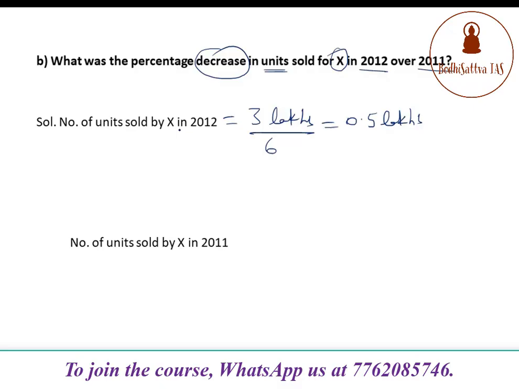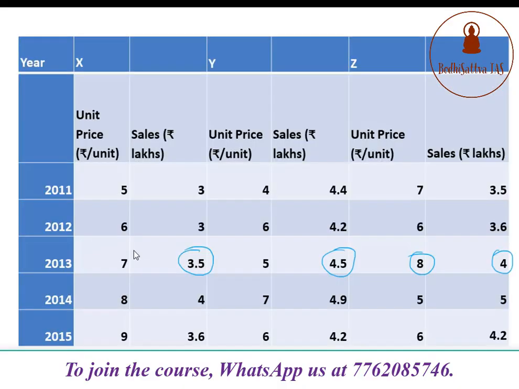Now the number of units sold by X in 2011. So let's see. In 2011, again the sales was 3 lakhs, but the unit price decreased to rupees 5.